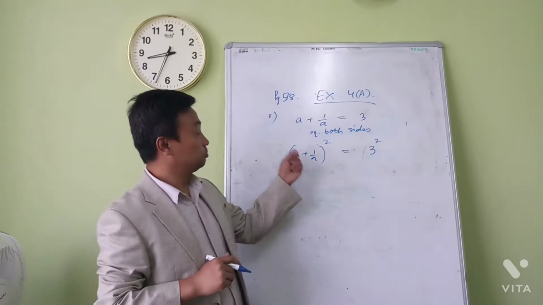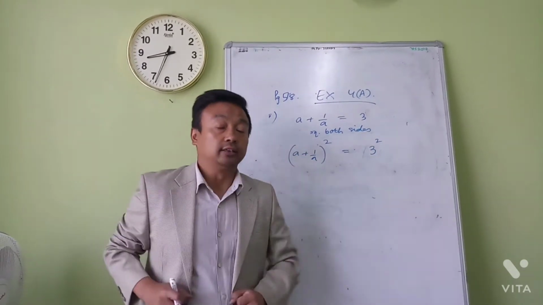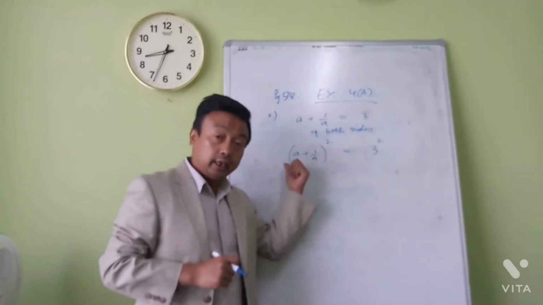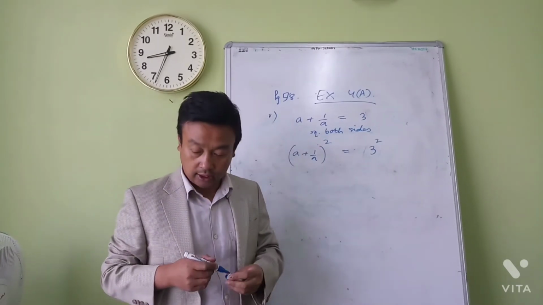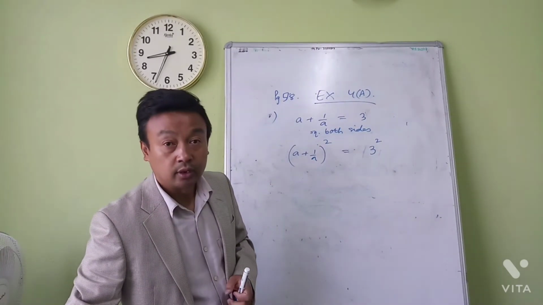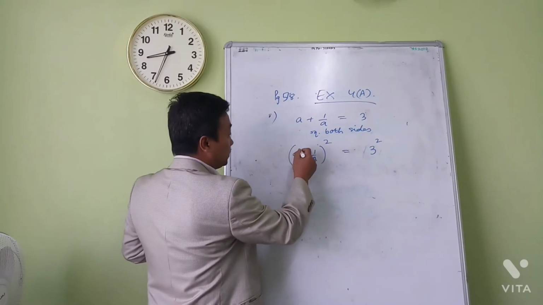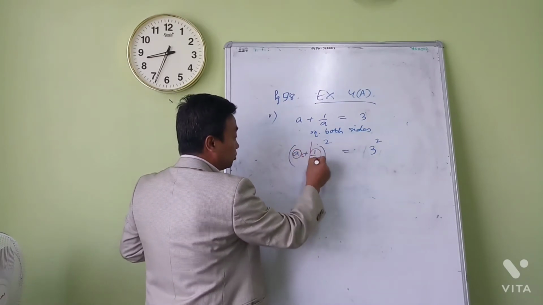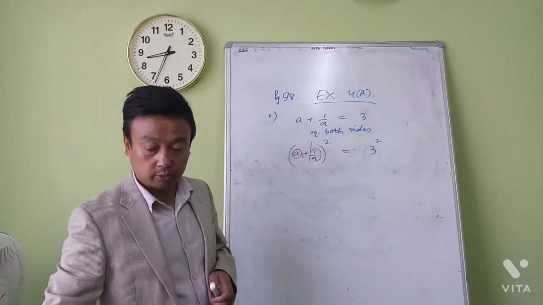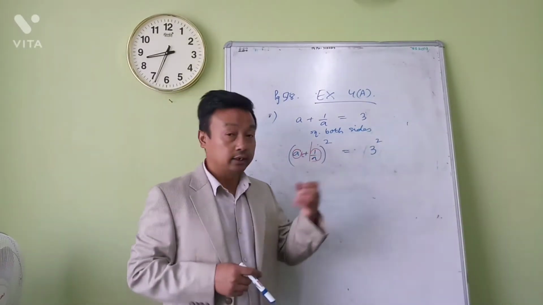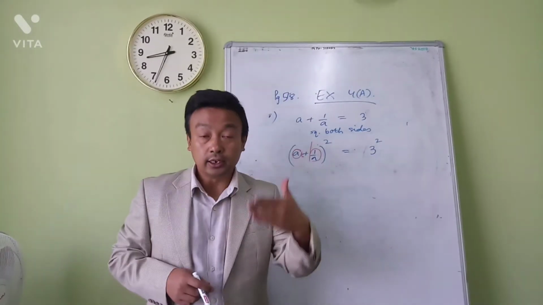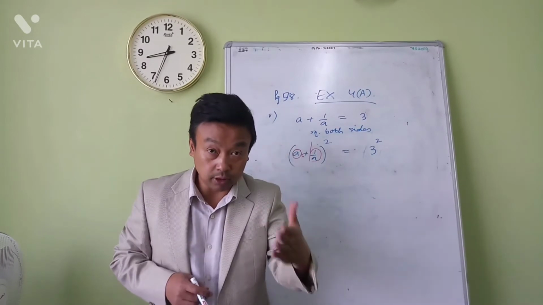So now it is quite simple. Here you have to apply the formula, that is a plus b the whole square. So last time you have learned the formula a plus b whole square. A is a only here and b is 1 by a. So what is the formula of a plus b the whole square? You should know this by heart. A square plus b square plus 2ab.